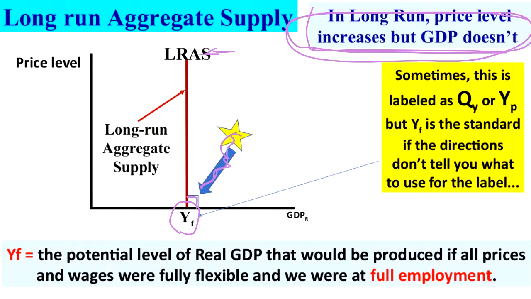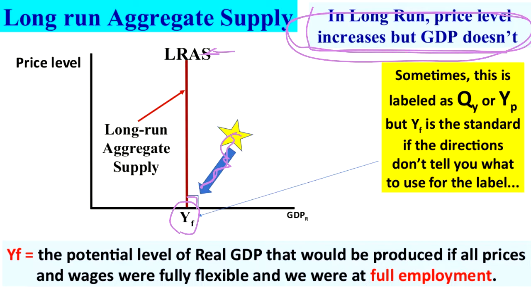That's when you're at YF. Personally, I like YF because it reminds me that it's full employment. If you are a Google studier, as many kids are these days, you will see people who draw this with Q of Y or Y of P or something. You see lots of labels. But Y will always be in that label, and YF is really the standard.